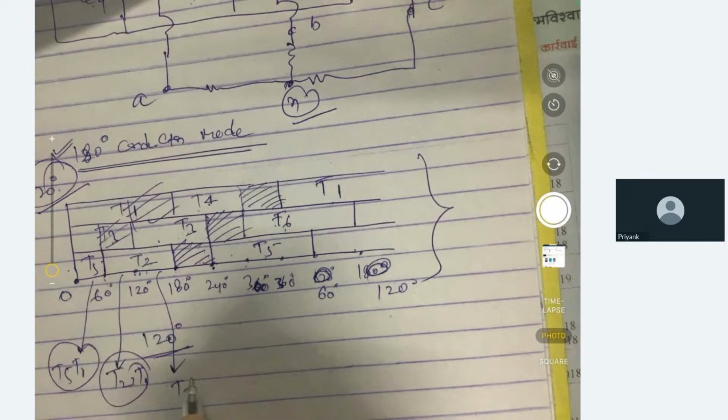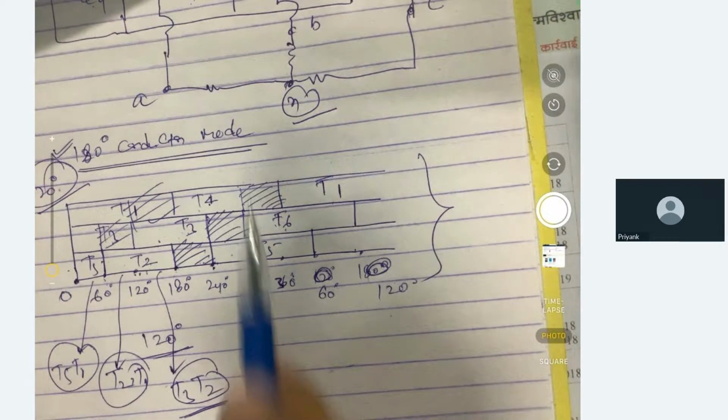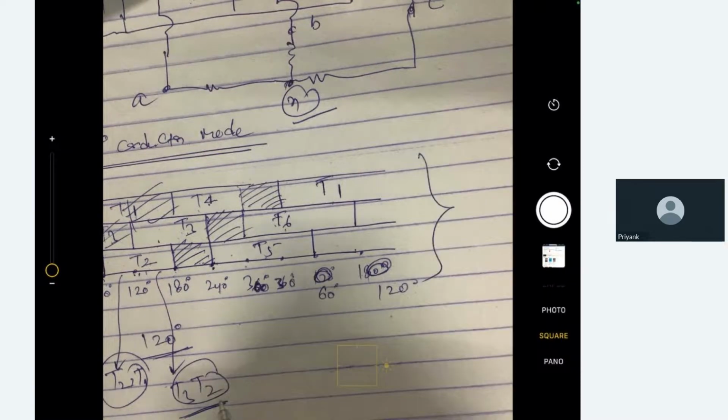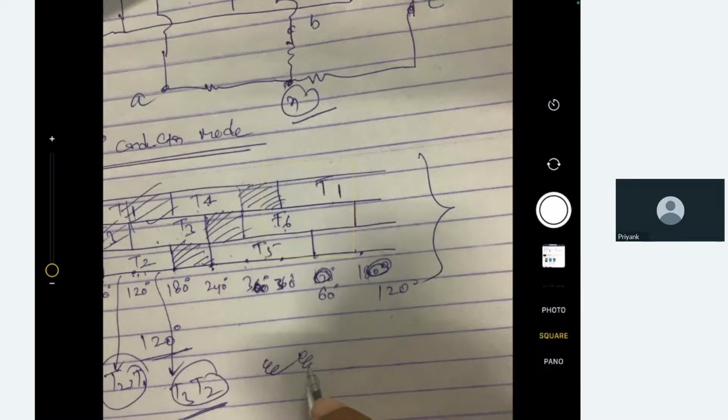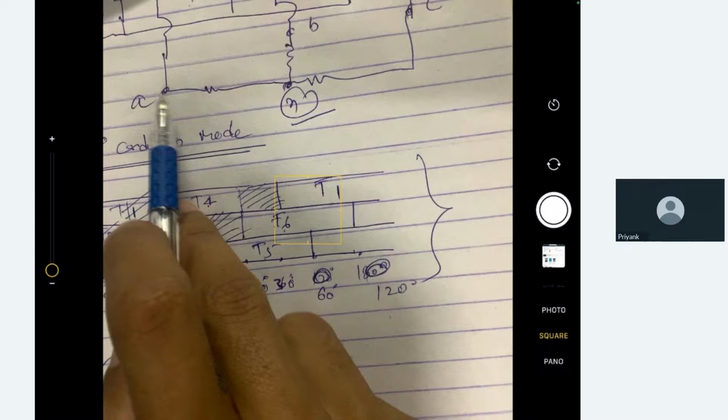Now we have to plot the output phase voltage across terminal A for 180 degree conduction mode.